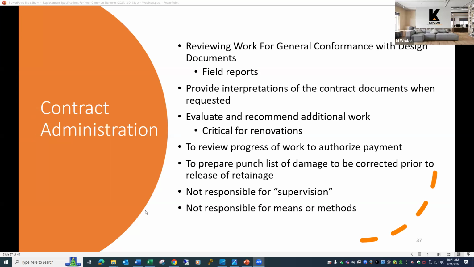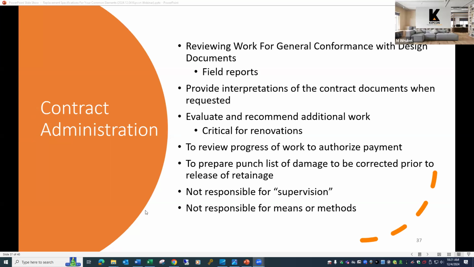So during contract administration services, we would visit the site, and there are different ways of doing this. For some projects, it may require the engineer to be on site at all times.